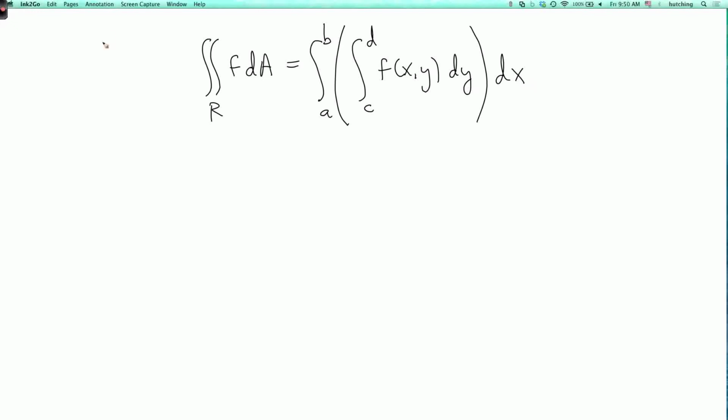So I sort of sketched why this is true. It needs a little work to really prove it rigorously, and this is called Fubini's theorem. Or it's one version of Fubini's theorem.